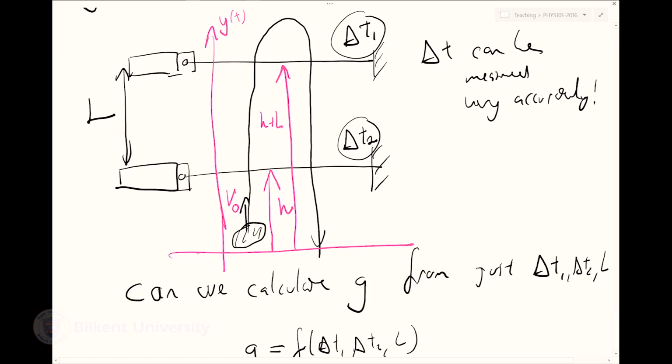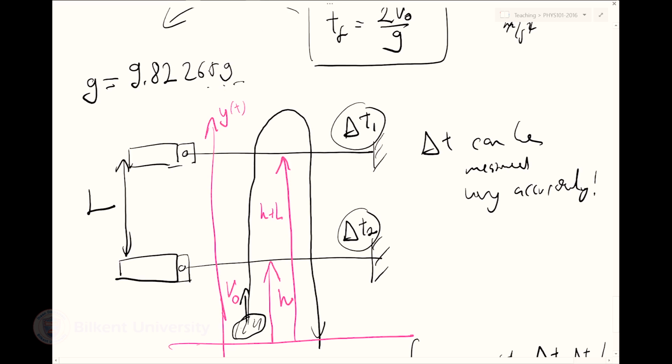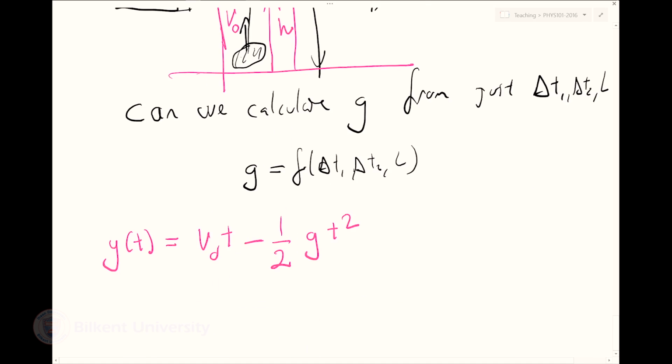Now, what is y of t? Well, let me be very simple. I'm starting with velocity v0 at time t equals to 0. So it will be v0t minus 1/2 g t squared. All right? Any comments, any questions? This is motion with constant acceleration.